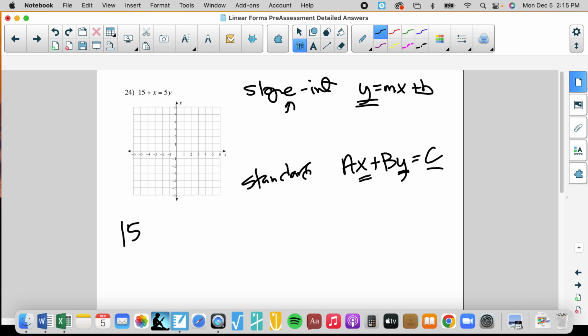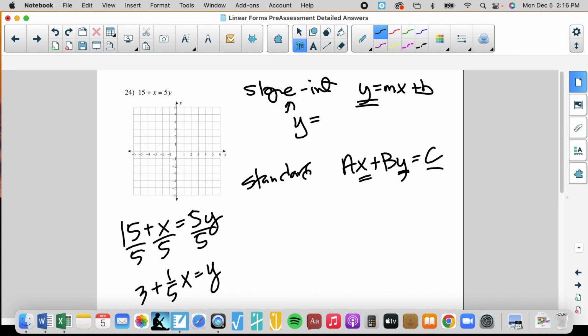If you're putting it in slope-intercept form, we're going to divide by 5, divide by 5, divide by 5. You get 3 plus 1/5 x equals y. So that equation looks like y equals 1/5 x plus 3. That's nice and easy. We have our slope and our y-intercept.